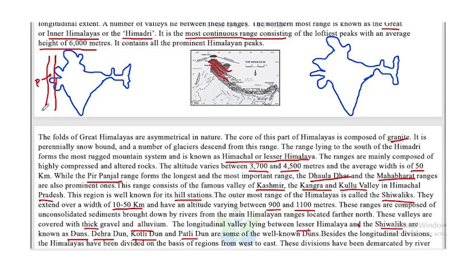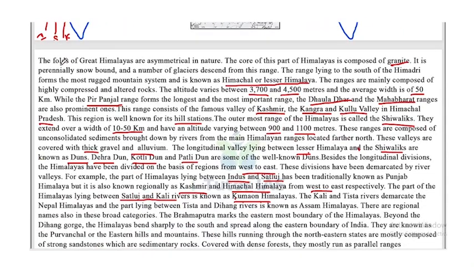This is Indus, this is Sutlej, and next one Kumaon. This is Punjab Himalaya and this is Kumaon Himalaya, that is between Sutlej and Kali river.